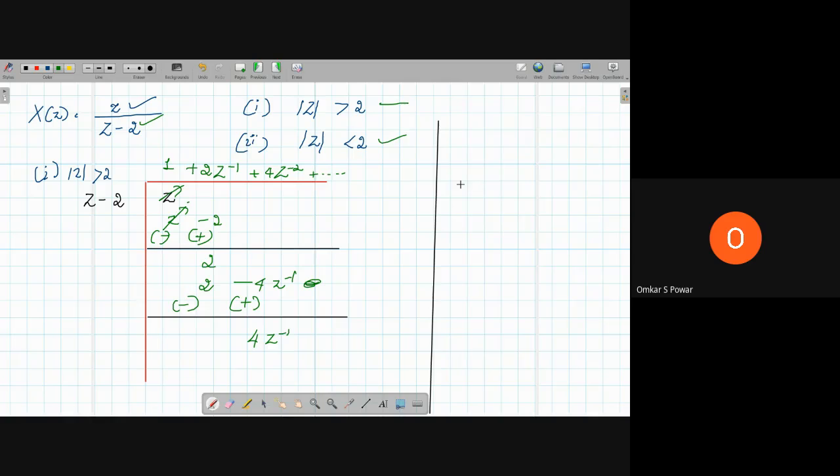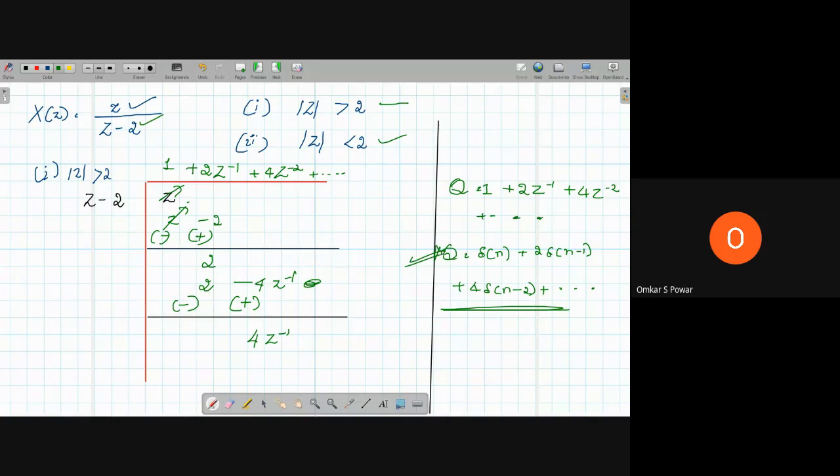So this is your quotient: 1 plus 2z to the power of minus 1 plus 4z to the power of minus 2 and so on. Taking the inverse, x of n is equal to delta of n plus 2 into delta of n minus 1 plus 4 into delta of n minus 2 and so on. So this is your inverse z for mod z greater than 2.